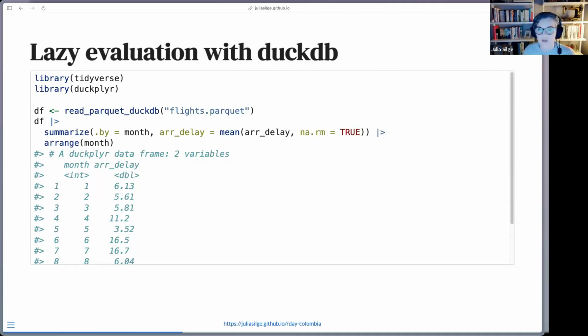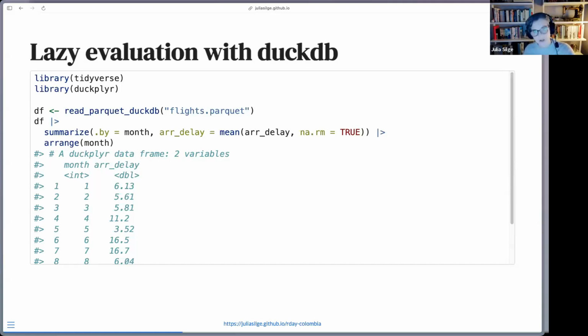So actually I have not even read that whole Parquet file into memory. When you do read Parquet duckdb, it is not reading the whole thing into memory in R. Instead, it's going to the Parquet file and saying, what is in you? What do you have? And then using that information to be able to do queries on it.